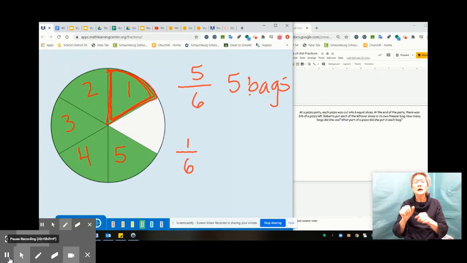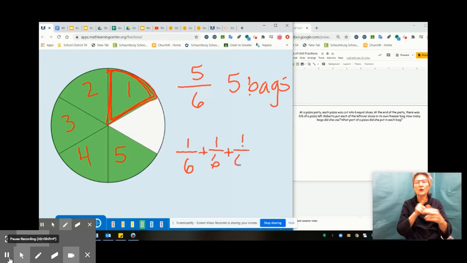So I'm going to write this as a repeated addition equation. I'm going to do 1/6 plus 1/6, that's my second slice, plus 1/6, my third, my fourth. I'm running out of space, so I'm actually going to write it over here, and my 5th slice.